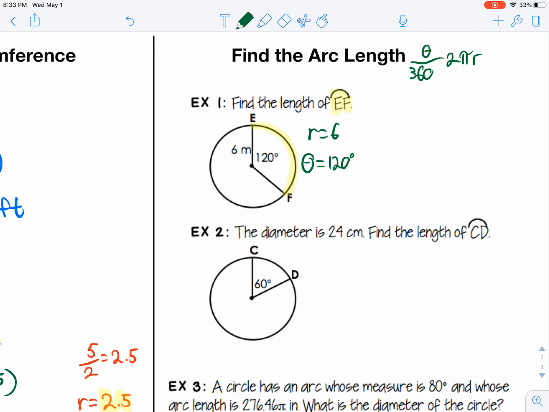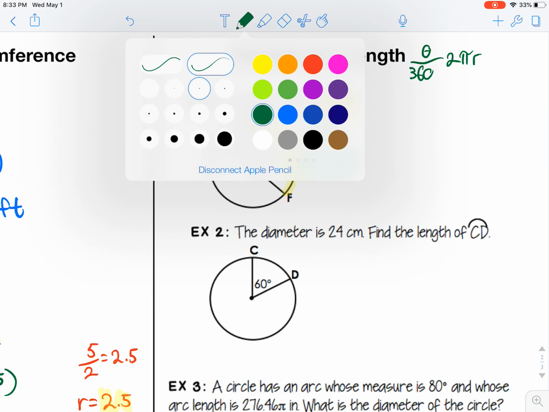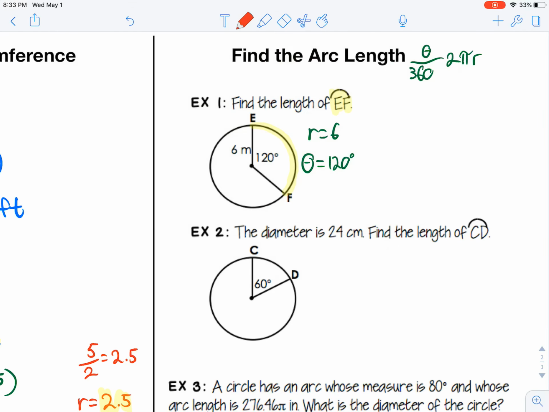So let's take that information and plug it into our formula. When I plug it in, it's going to be 120 over 360 times 2 pi times 6. Now all you have to do is type that into the calculator and you'll find your answer.